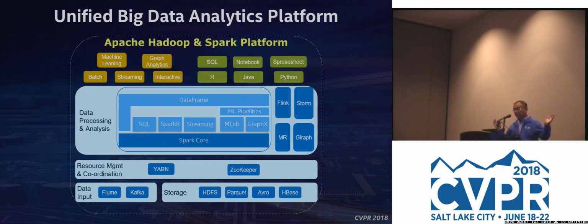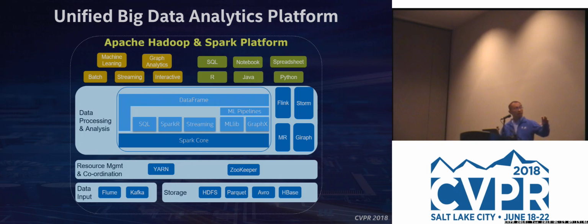Today, Apache Spark and Apache Hadoop, it's not only the Hadoop and Spark projects, but the whole ecosystem, including for instance the distributed file system, the table storage system, also the data input and resource management, also the stream processing and so on. The Apache Hadoop and Spark ecosystem has become the unified big data platform for people to perform different types of analytics tasks on top of one unified platform.